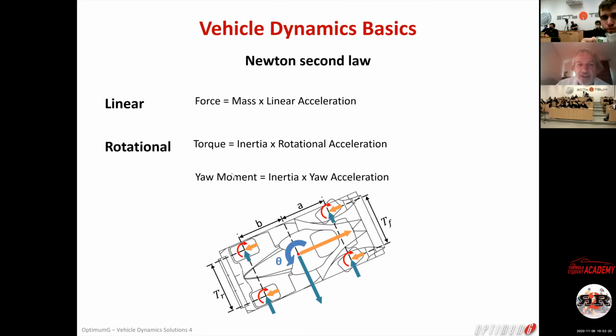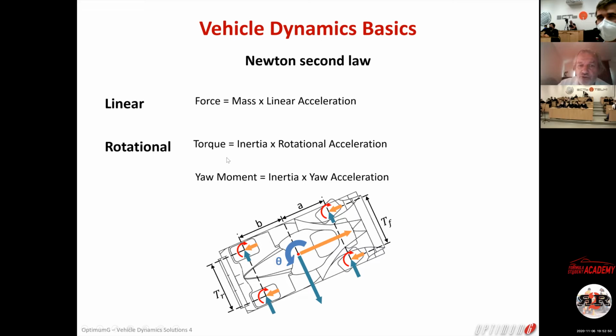So you know Newton's second law that force equals mass multiplied by acceleration. In rotational, you know that the torque is the inertia multiplied by the rotational acceleration. The yaw moment is the inertia multiplied by the yaw acceleration. Let's check the unit. Newton equals kilo multiplied by meter per second squared.